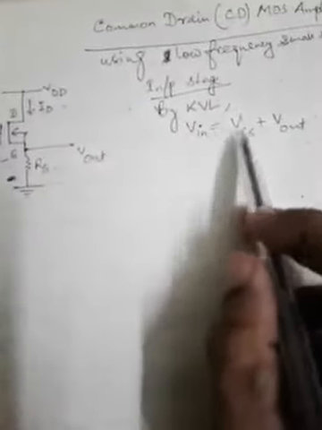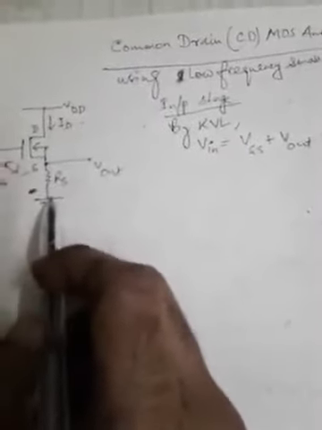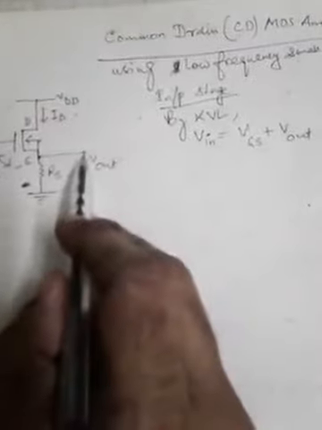By KVL, the applied source is equal to the voltage drops, that is the voltage across the gate-source terminals, and the potential drop across RS, which is measured as V out.